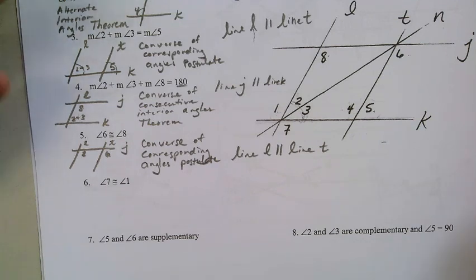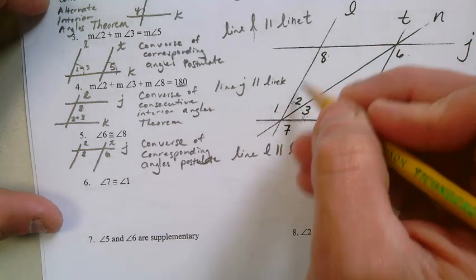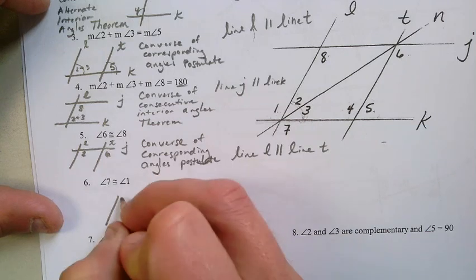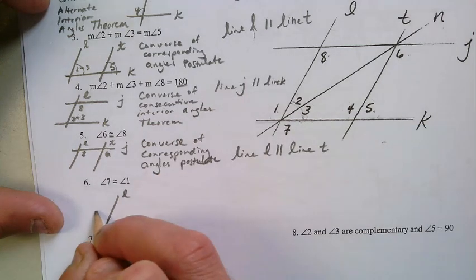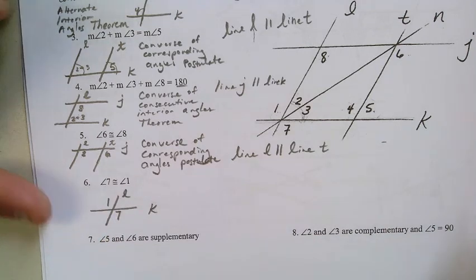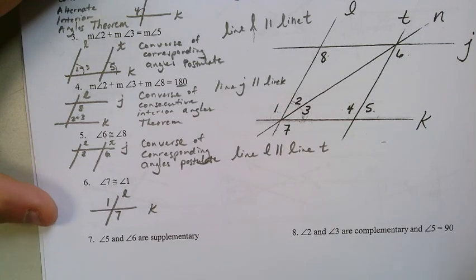7 and 1. All right, now, if I draw the two lines that make up 7 and 1, they share two lines, actually. They share L, and they share K. Doesn't look good for parallel lines, does it? Because the two lines that they influence, they intersect. So these are actually vertical angles. Vertical angles are always congruent.